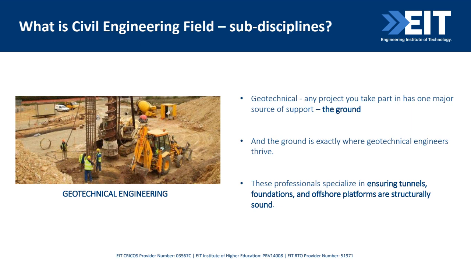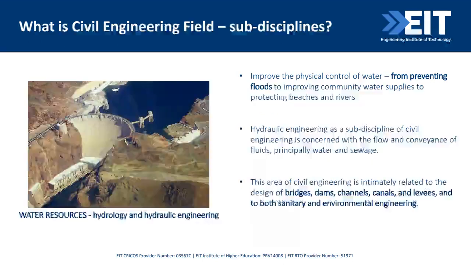Well, and then we need to go on to water resources. Our water resources also require lots of care. Here the civil engineers look after the physical control of water resources, to prevent floods and protect the rivers and the ocean.